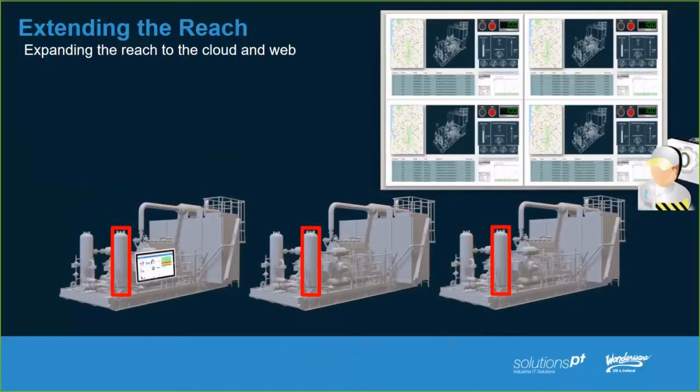Or what if that operator has to look after a number of pieces of equipment? What if we could supply all that information in one dashboard screen, a large screen at the end of a production line that covers all the machinery within that process? So really giving him performance indicators about each piece of equipment that's in that production line.